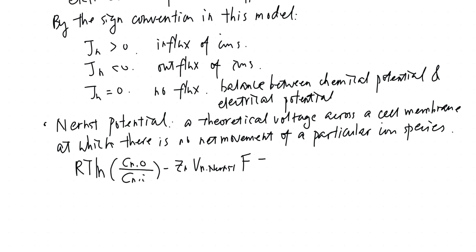So from here you can solve for the Nernst potential for the species number n. We just rearrange the equation.